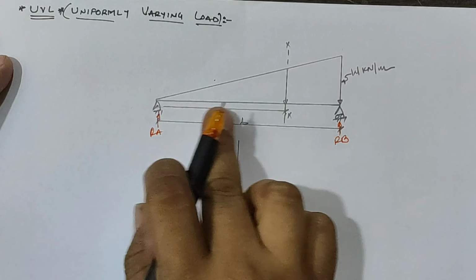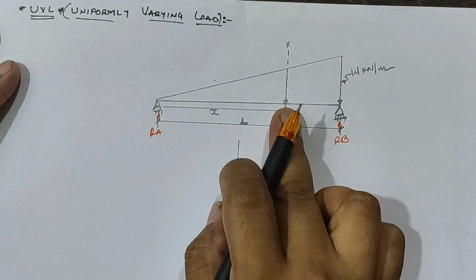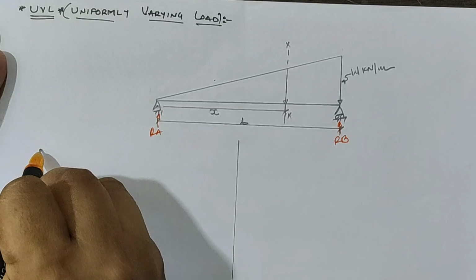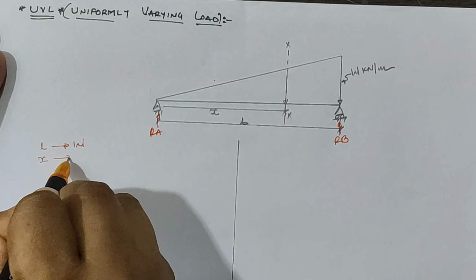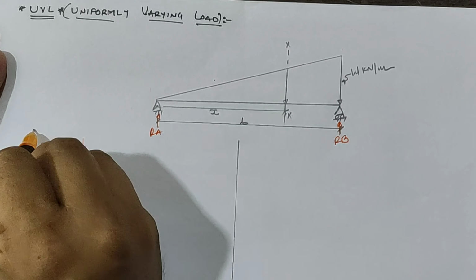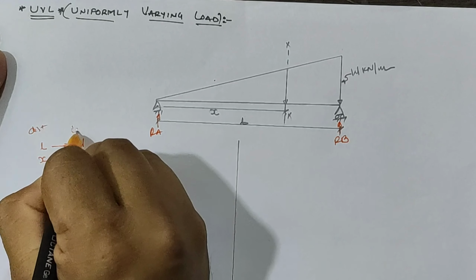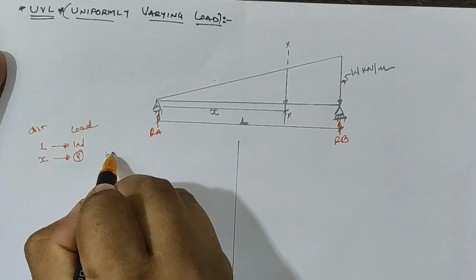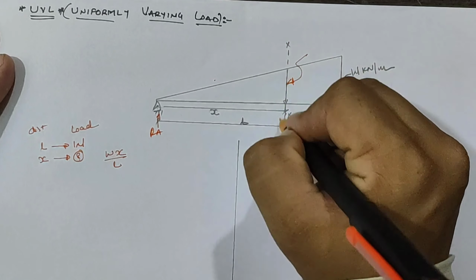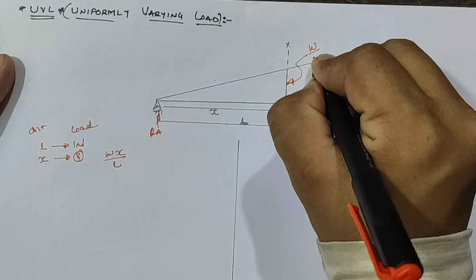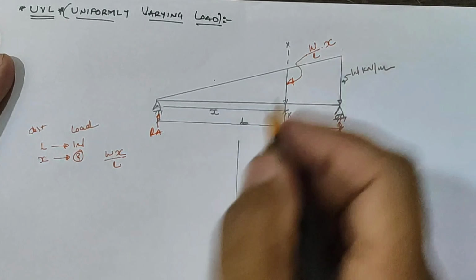If we assume the distance as x, then from the similar triangle rule, at L distance the load is W, hence at x distance our load is Wx by L. It means that our load at section XX is W by L into X.